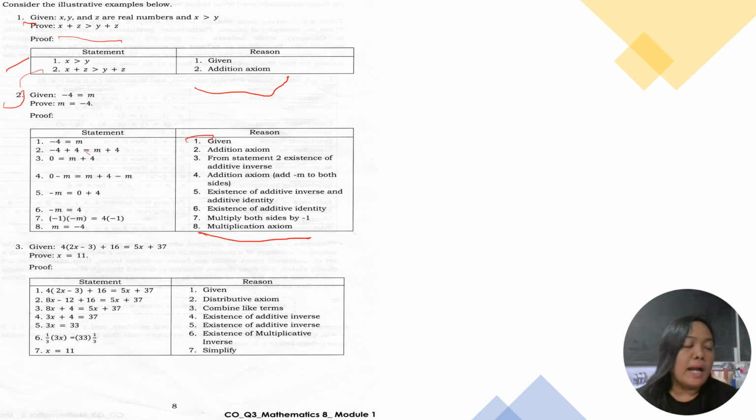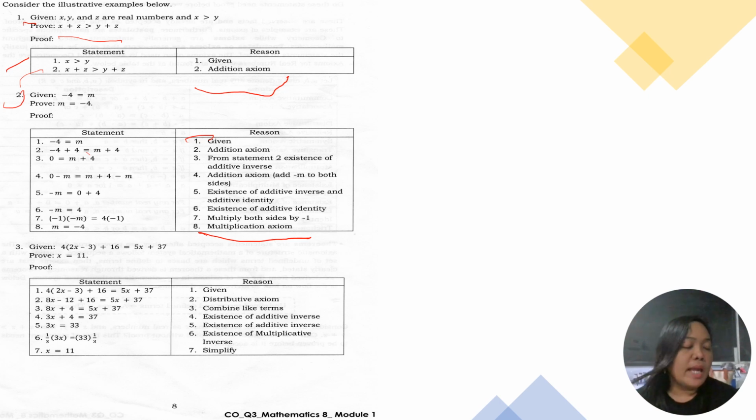So we need to add. What do we add in statement number 4? So that 3x will be left. Yes, we will add negative 4 to both sides of our equation. So we will add plus negative 4.